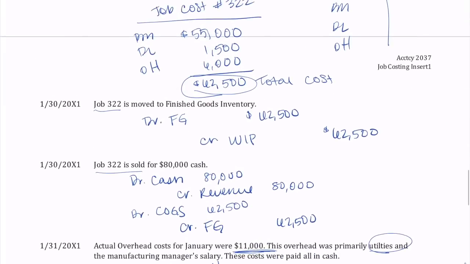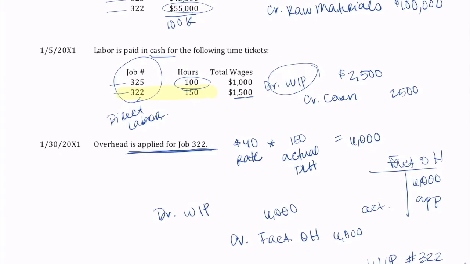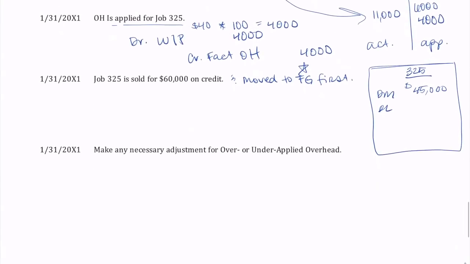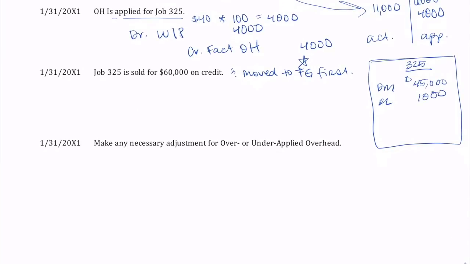We scroll back up and look at how much labor has gone into it. $1,000. So there's $1,000 in labor. Now we need overhead. We just figured out the overhead that's going into that job is $4,000. We total that up and we get the cost of $50,000 for this job.